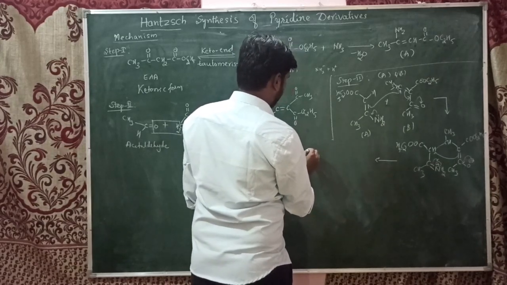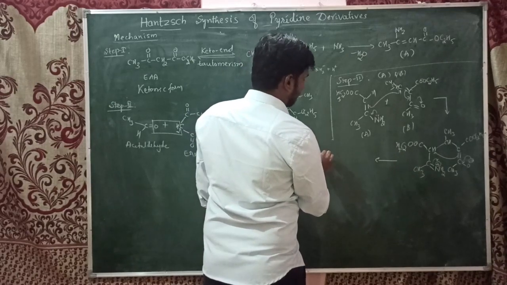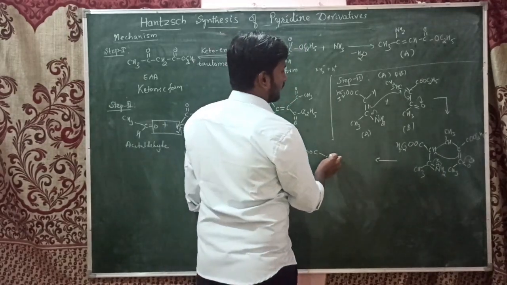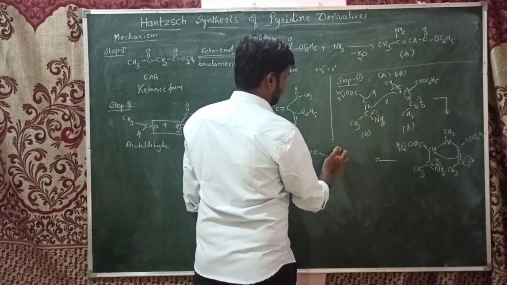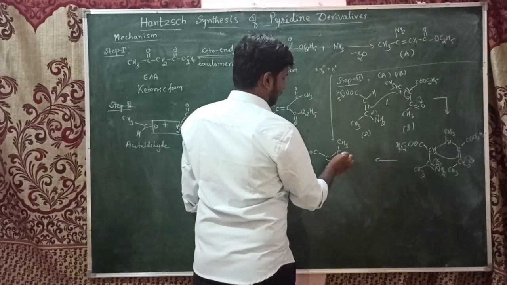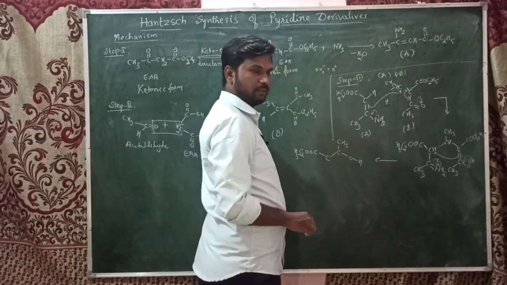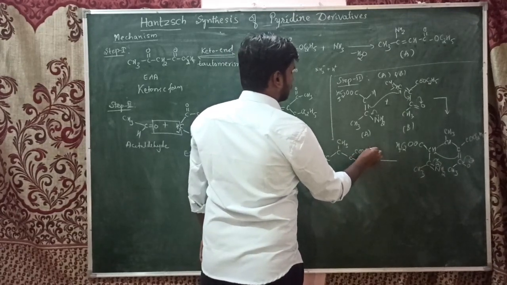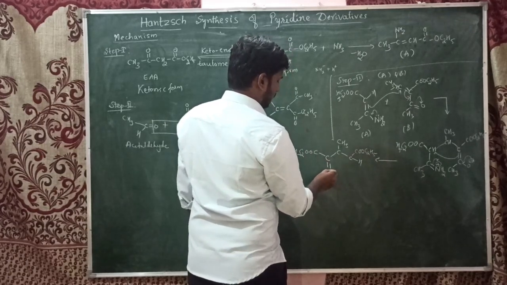Okay, COOC2H5. This becomes carbon only now. A proton has been abstracted by the another pi bond. CH3. This is C. Here an H has come. Okay, COOC2H5. This becomes a double bond carbon.